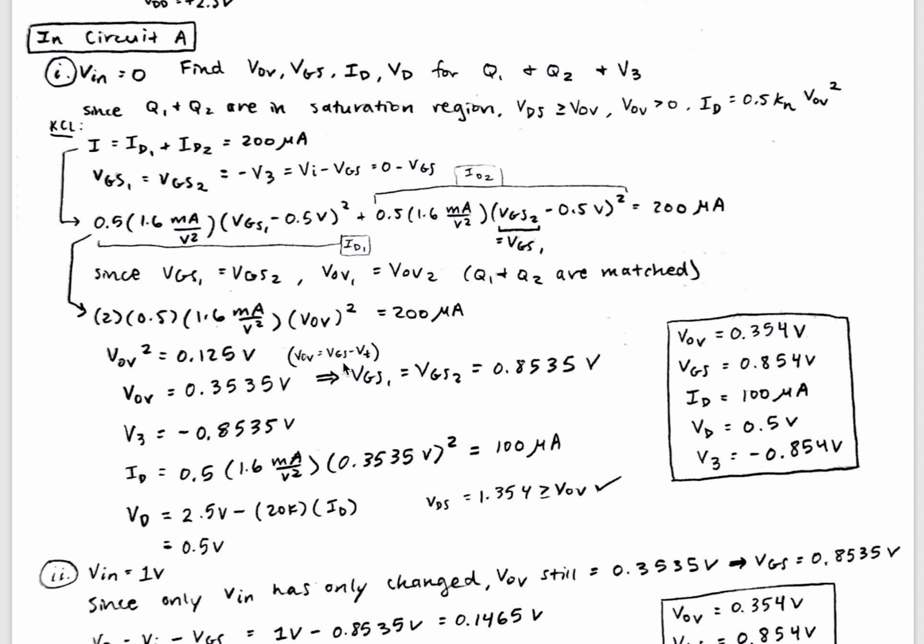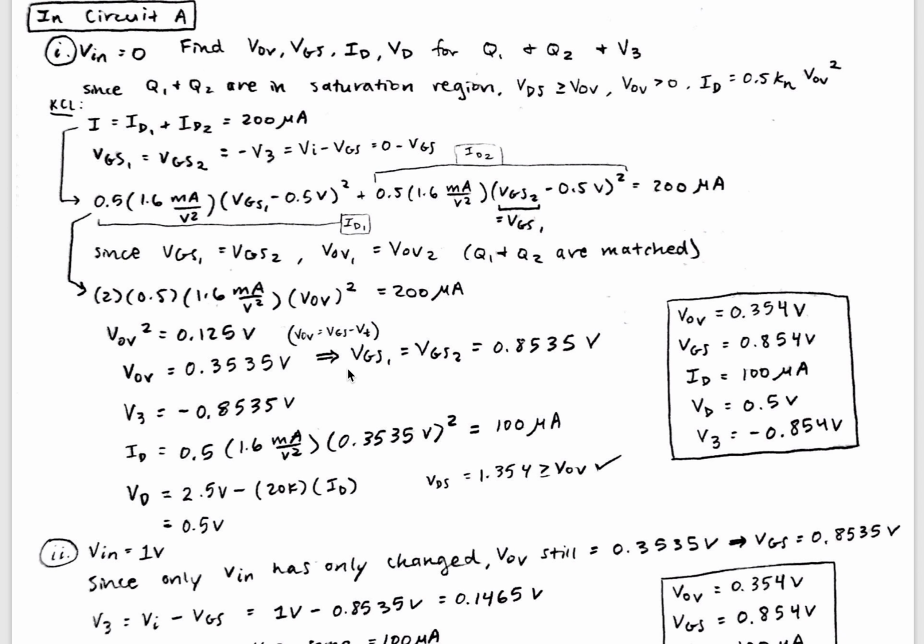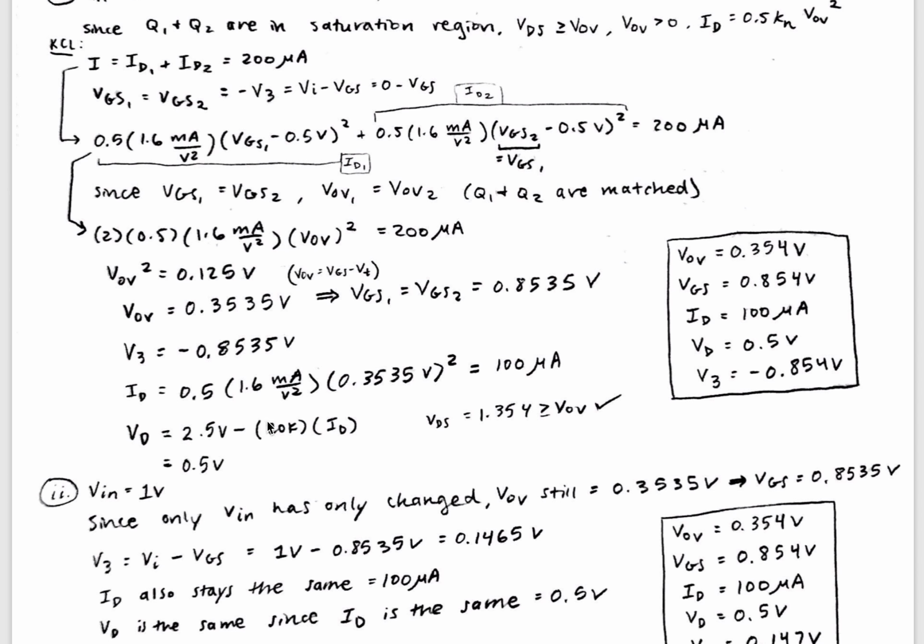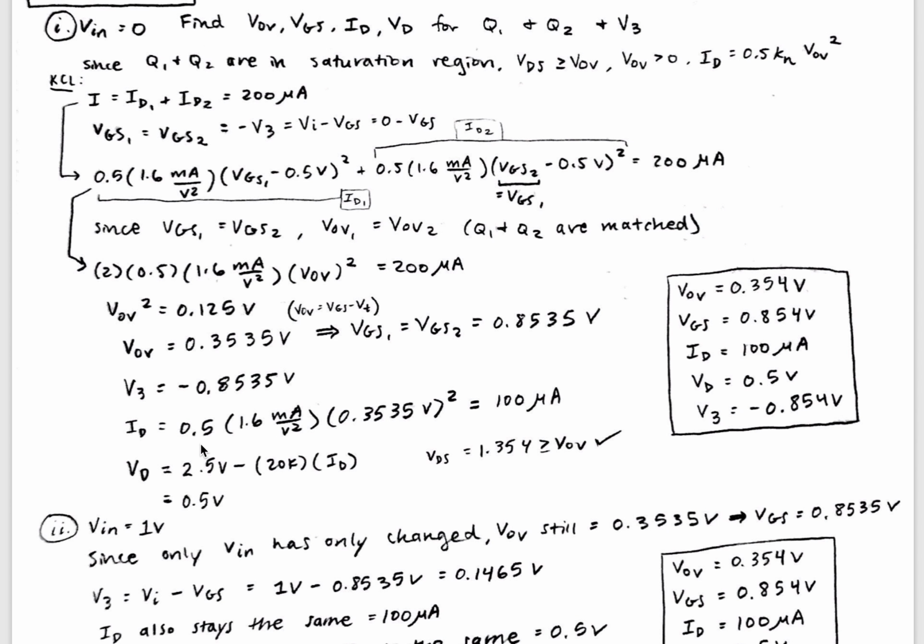And from there, using this equation, we can get VGS1 and VGS2, which are equal to 0.8535 volts. And then from there, using this equation, we can find V3, which is equal to negative 0.8535 volts, as well as get I, which you can either just divide 200 microamps by 2 or plug in the values that we got before.